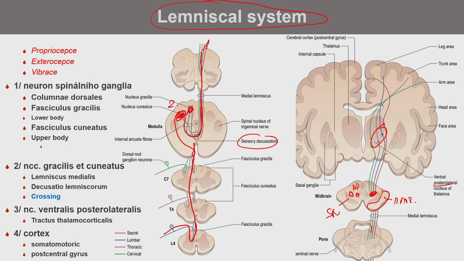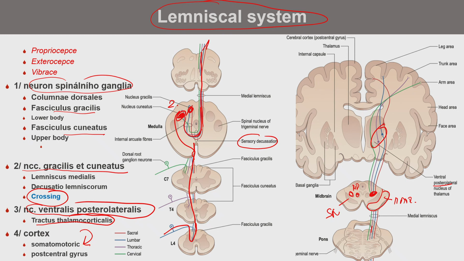So the lemniscal system has a first neuron in a spinal ganglion going through the fasciculus gracilis and cuneatus, and then it is relayed in the nucleus gracilis and cuneatus, crossing to the other side also at the level of the bulb or oblongate, and then going to the ventral posterolateral nucleus, and then with the tractus thalamocorticalis it is distributed into the postcentral gyrus.